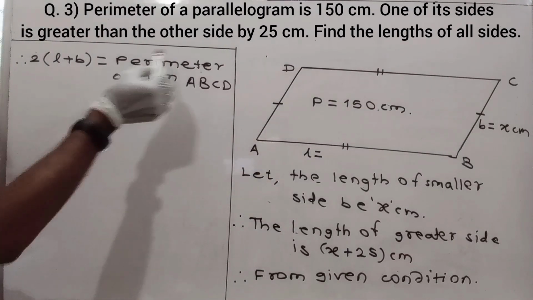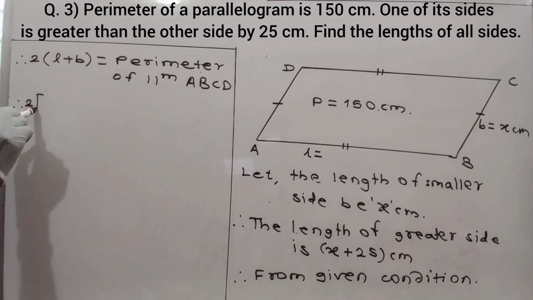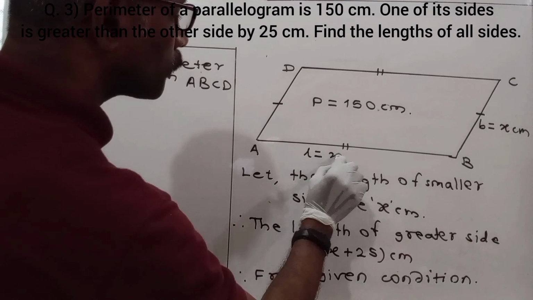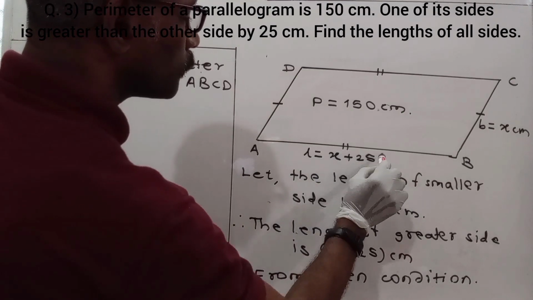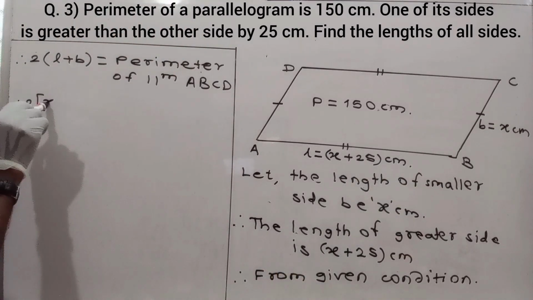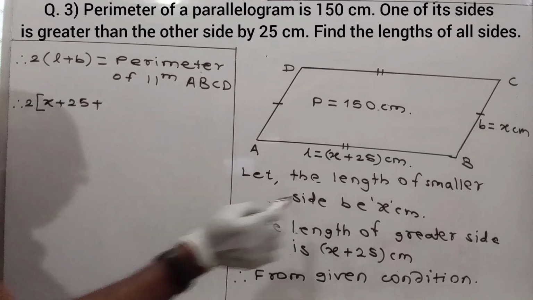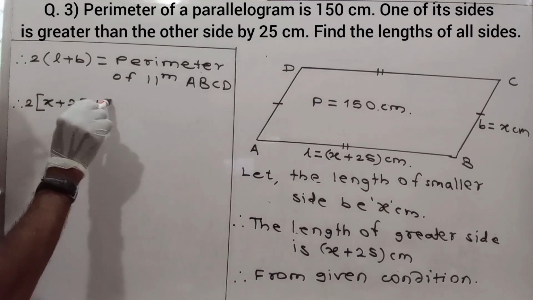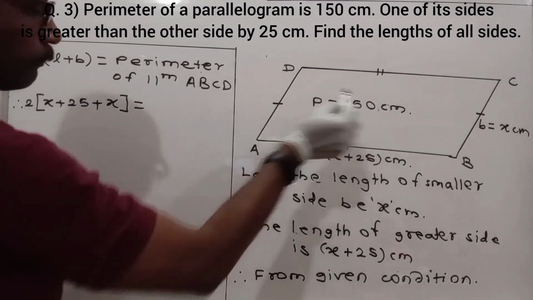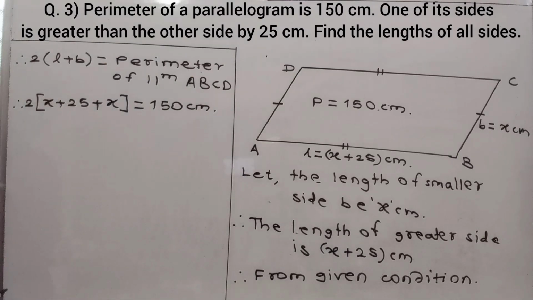So write the perimeter of parallelogram ABCD. Therefore, 2 in bracket L, here x plus 25 centimeter. So we write x plus 25, then plus value of B, what is x, is equal to perimeter of parallelogram ABCD, 150 centimeter. Did you get it?